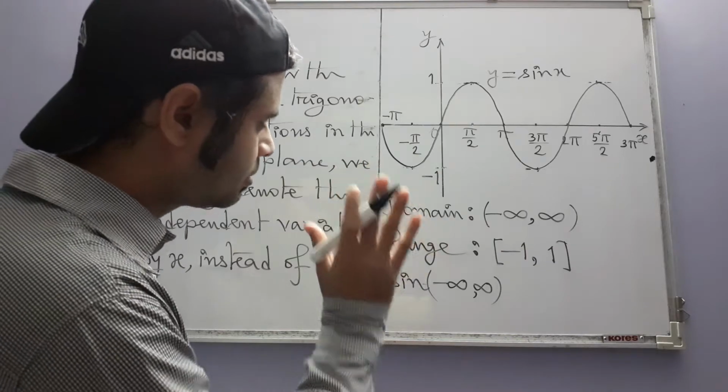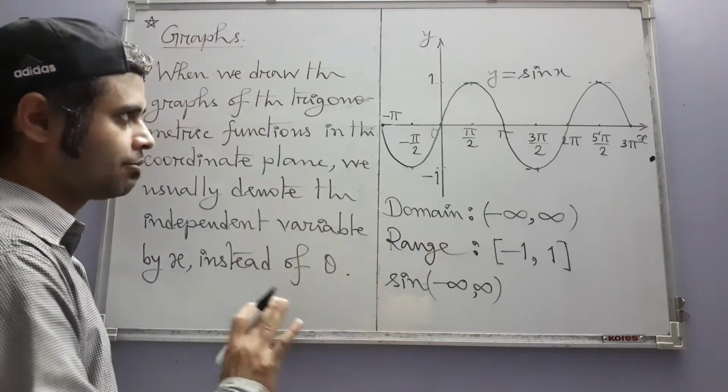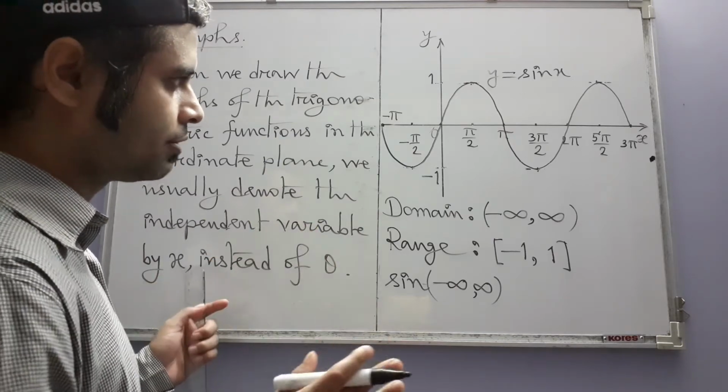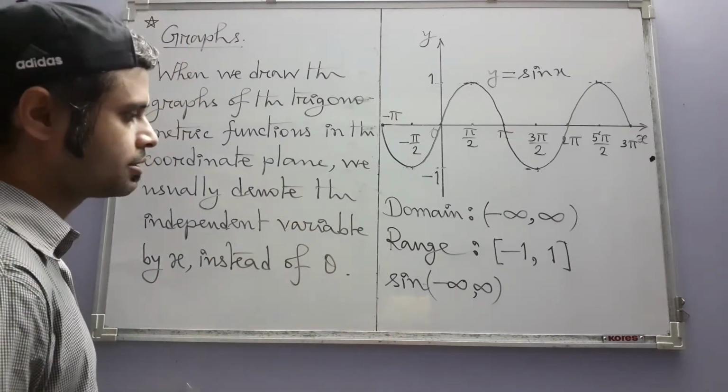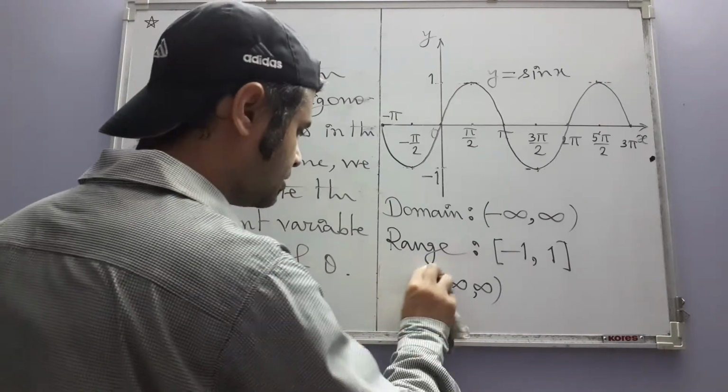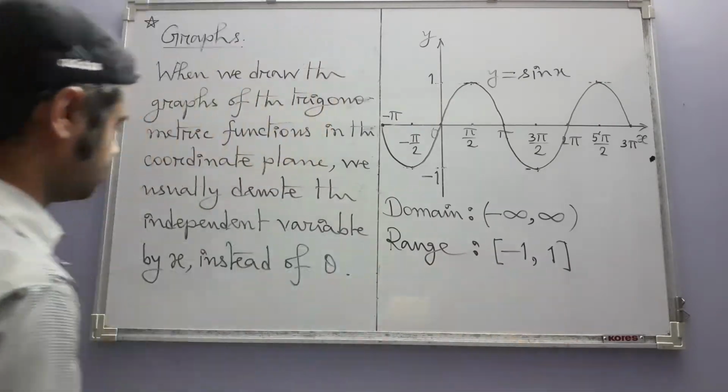Okay, so this is the rough shape of the graph. I should not say the graph of the sine function, but the rough shape of the graph of the ordinary sine function. Next we see the graph of cosine.